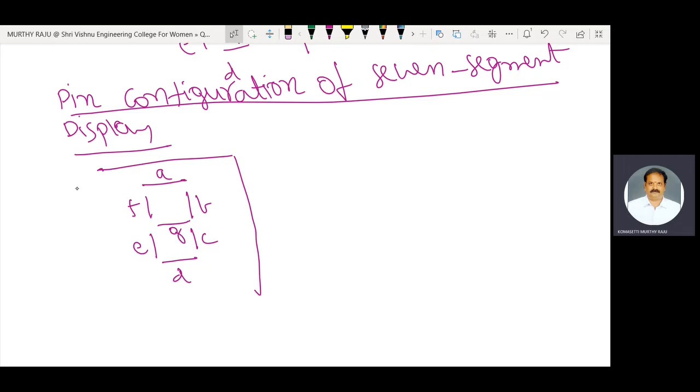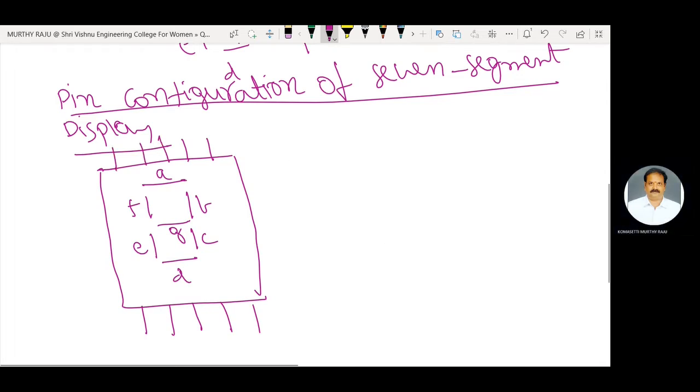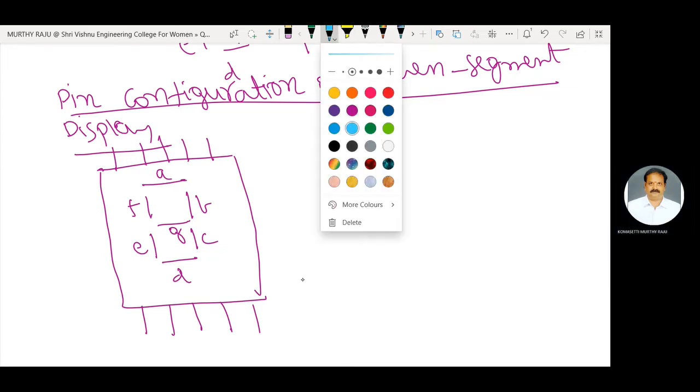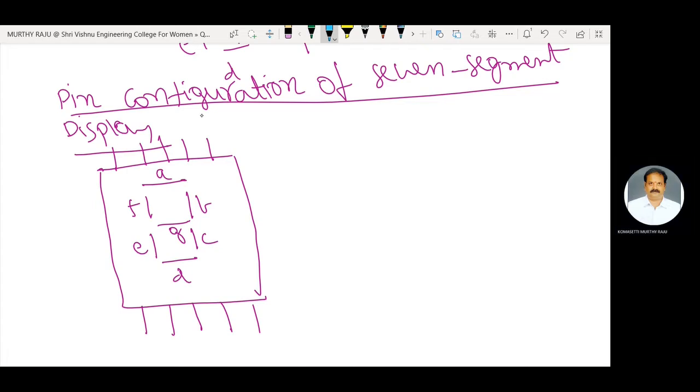These are A, B, this one is the decimal point, DP.